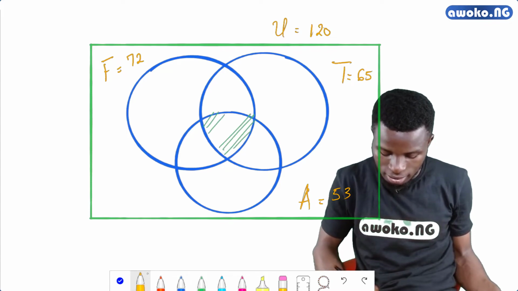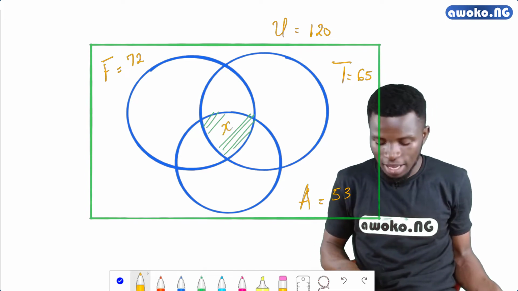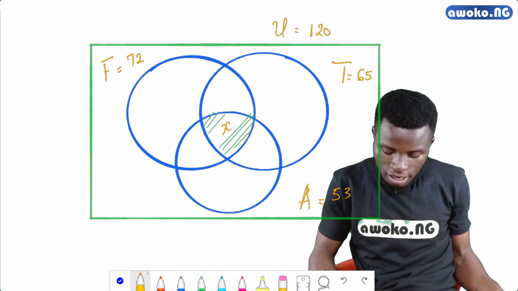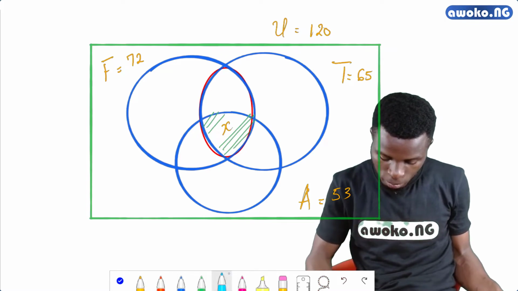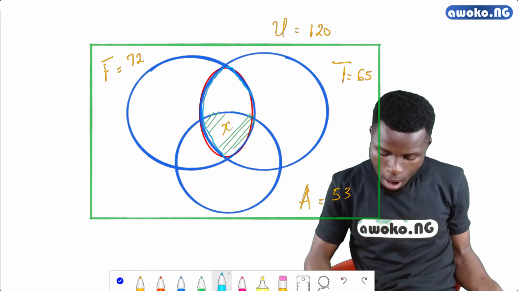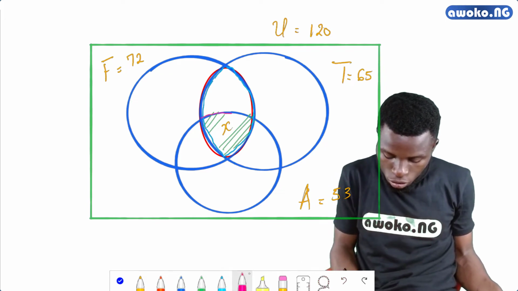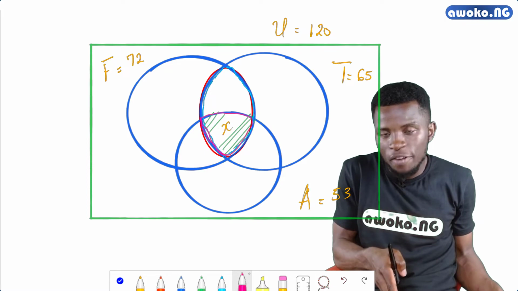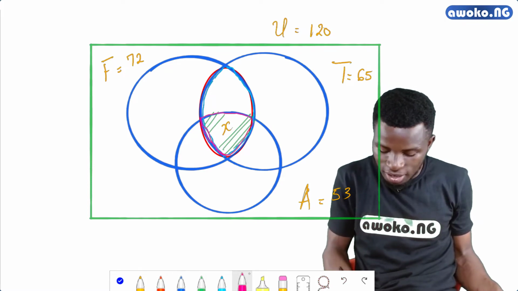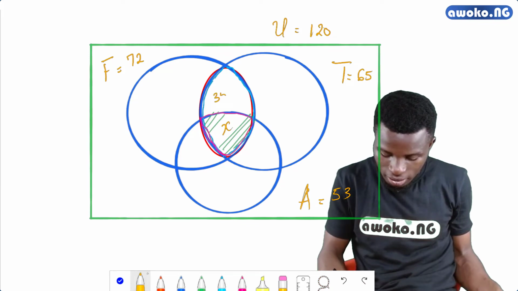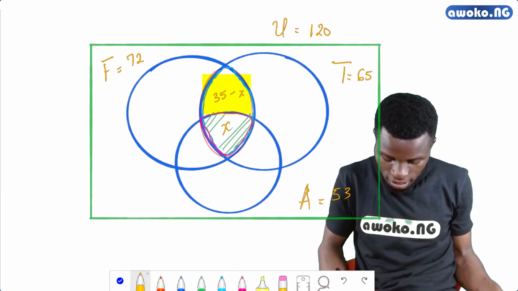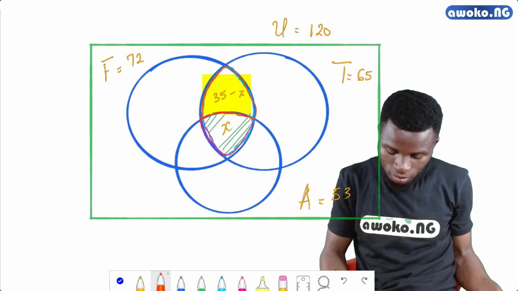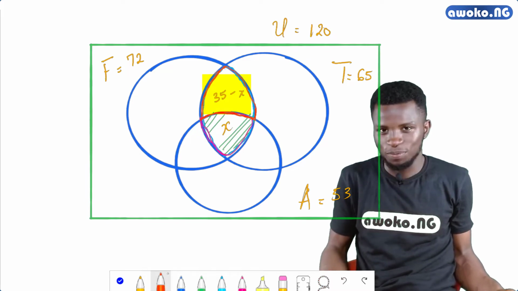Let us represent this as X. The intersection between First and Trust Bank should have taken this whole space, but because this space belongs to X, First and Trust Bank alone would have 35 minus X. So this segment alone belongs to First and Trust Bank alone.